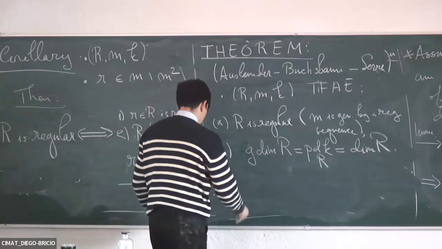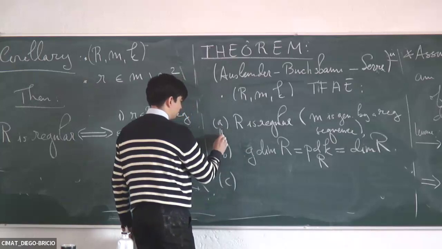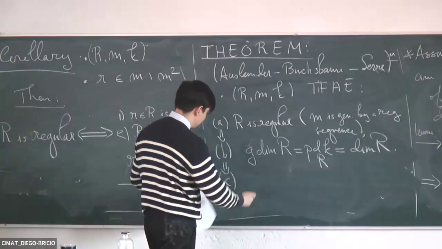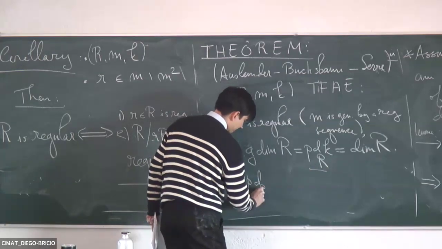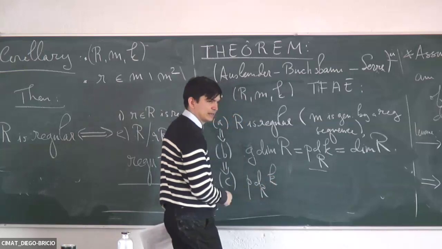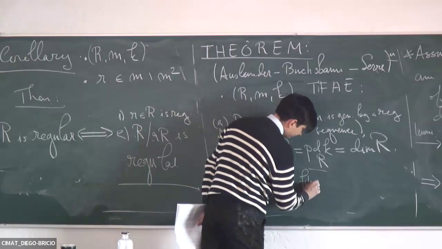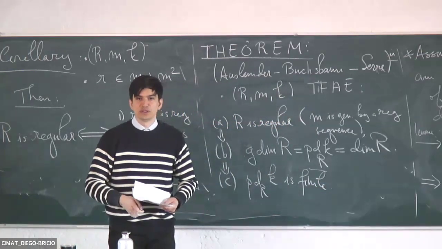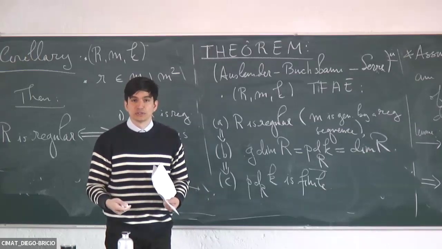Okay. C. So in other words, we have already proved this. And well, C is just that this number is finite. The residue field has finite projective dimension. In other words, suppose that you take the residue field and you start to construct a minimal free resolution.